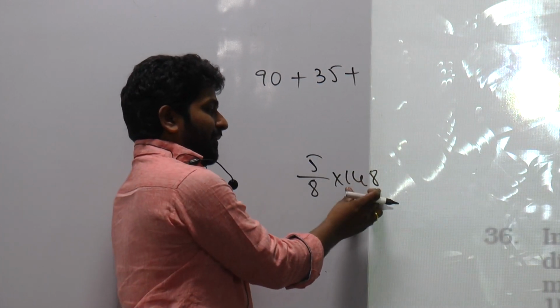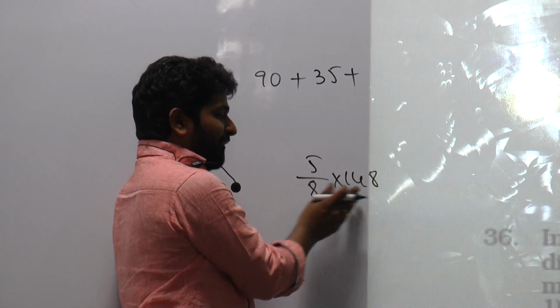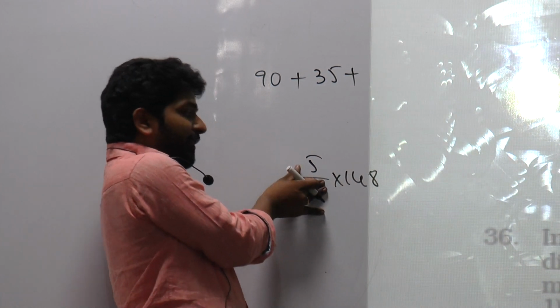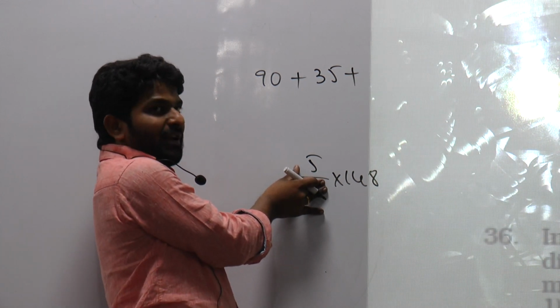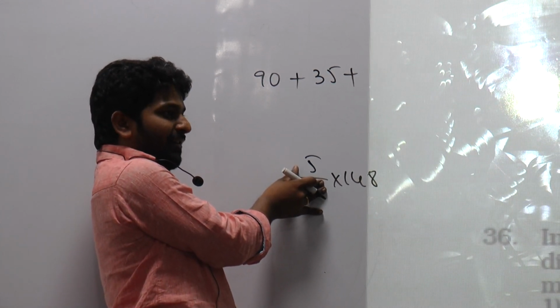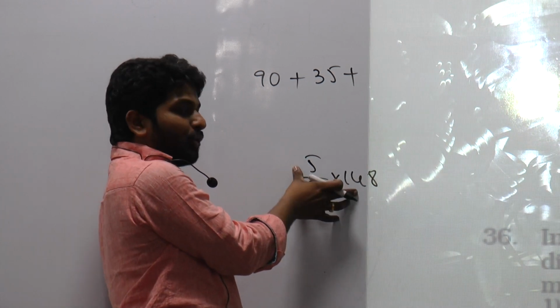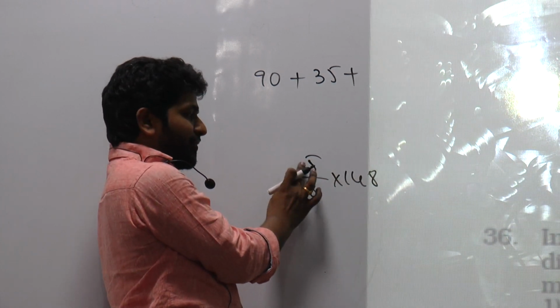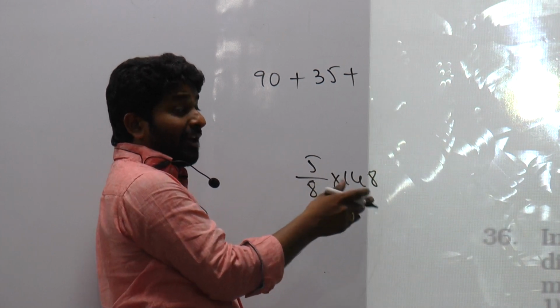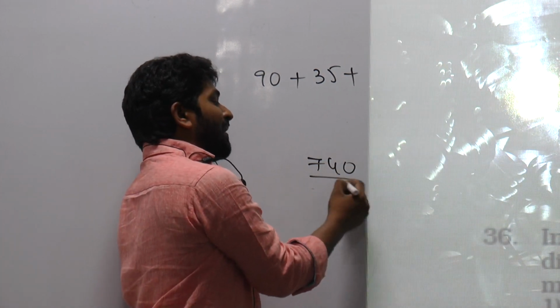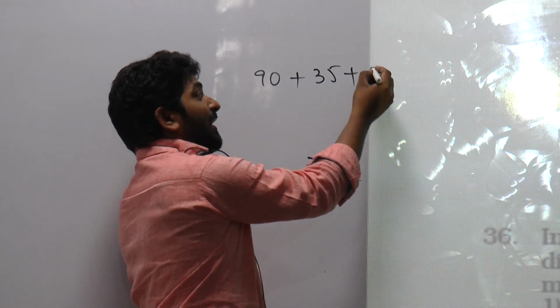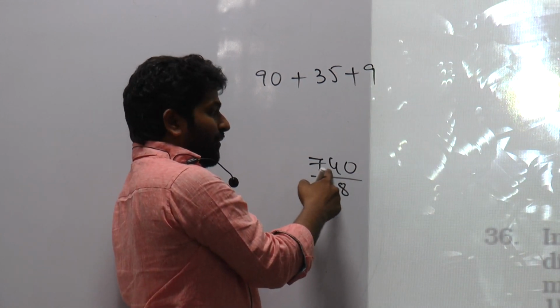Wait. Let me treat it as 150 for time being. 5/8 of 150, definitely it is 750. But it is 2 times less than 150, right? So you should subtract 5 2 times 10. 10 from 750. Total number 740 by 8. 8 9 times 72. 20 you have.